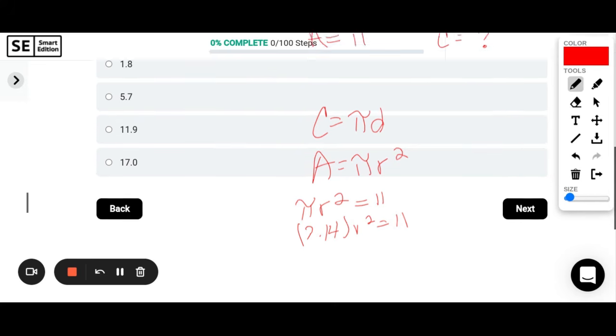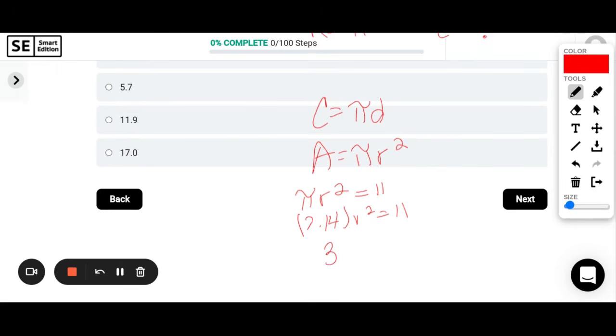And that gives me approximately 3.5. I'm just going to round a little bit. Oops, sorry. R squared equals 3.5. And then I can take the square root, which is a function you can use on your calculator, and find, well, what's the square root of 3.5? That's approximately 1.87. So my radius is around 1.87.